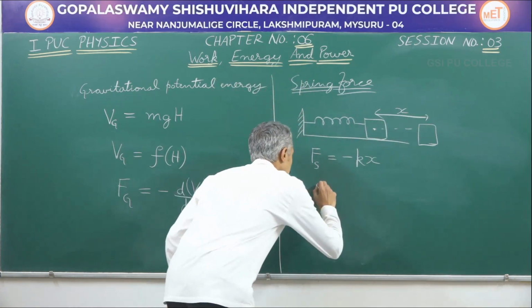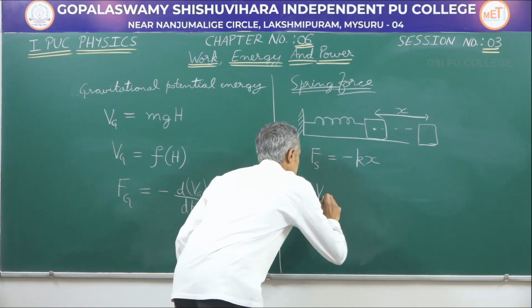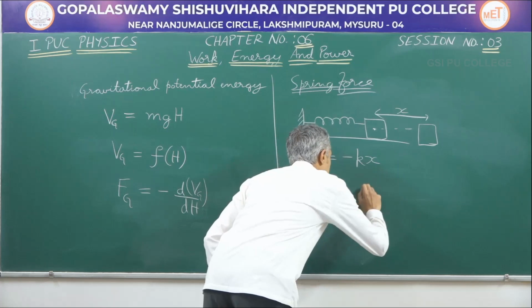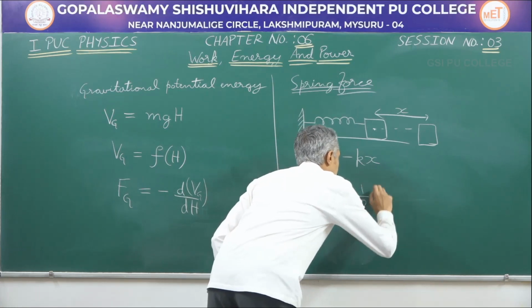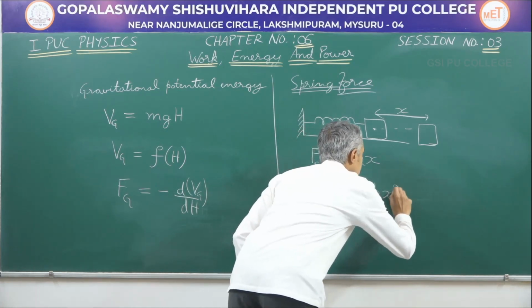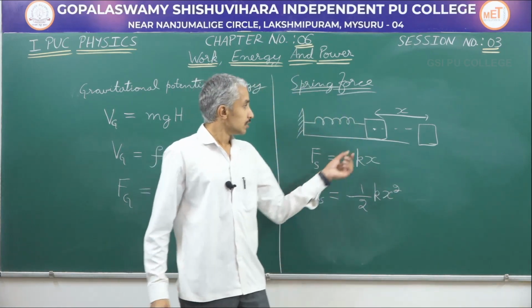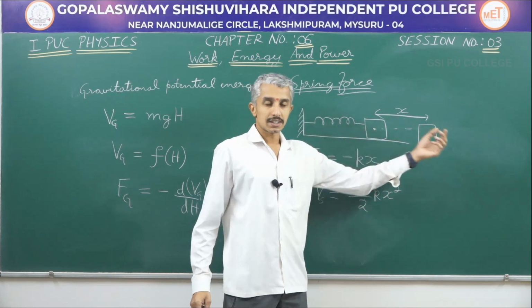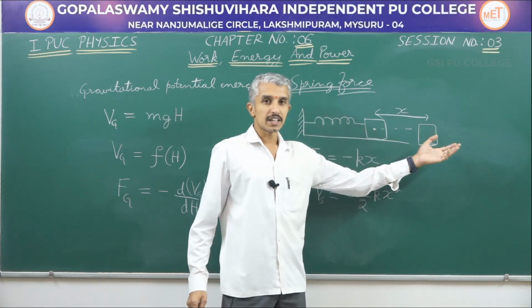And we will also see that the potential energy in this case gained by the object is given by half k x square. Whenever you pull an object attached to a spring aside, then if you release, it again rebounds back.